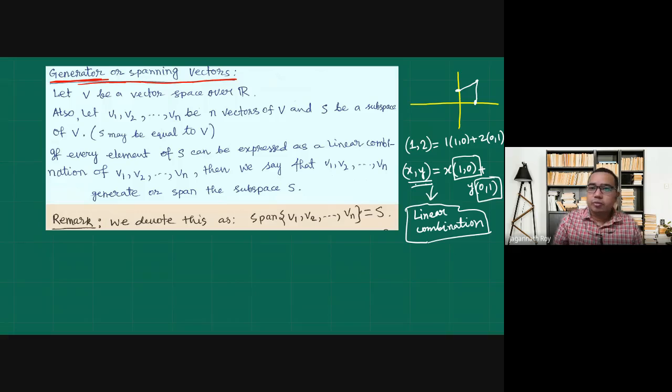For other vectors we have to select some negative numbers also. Similarly, if we consider the three-dimensional space, then any vector (x, y, z) is a linear combination of these three vectors.